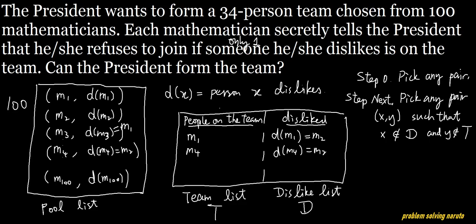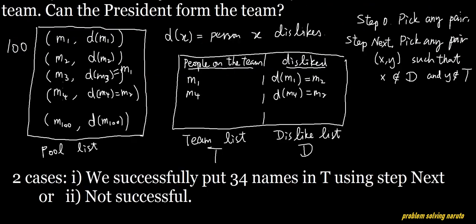So let's continue doing this step. Obviously, either I can continue this operation so that at the end I get 34 people here, in which case I'm done, or I cannot continue until 34 people. Those are the only two cases.